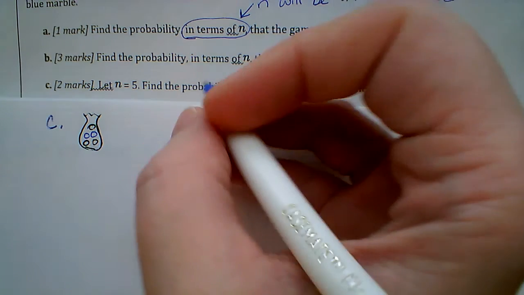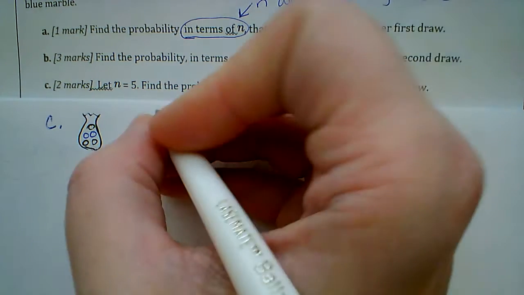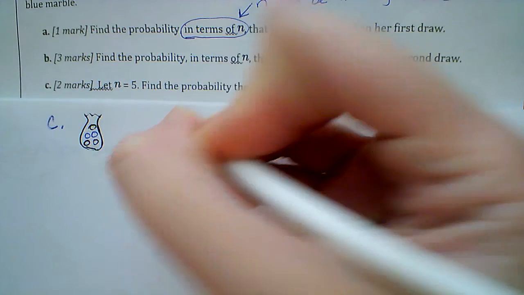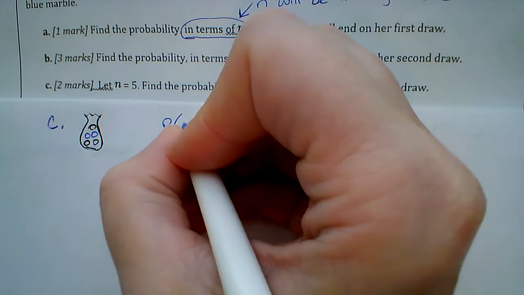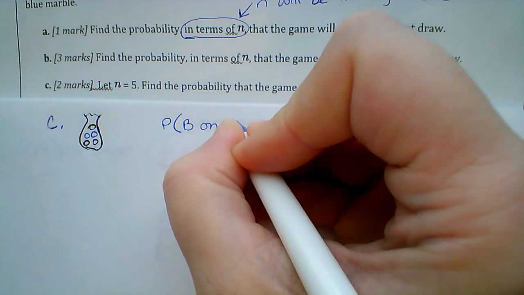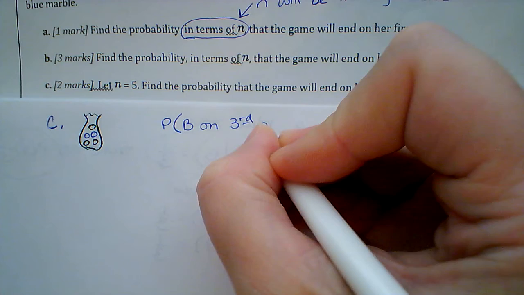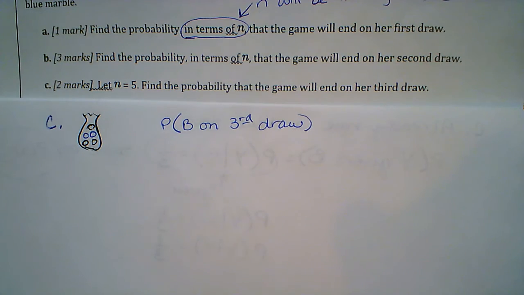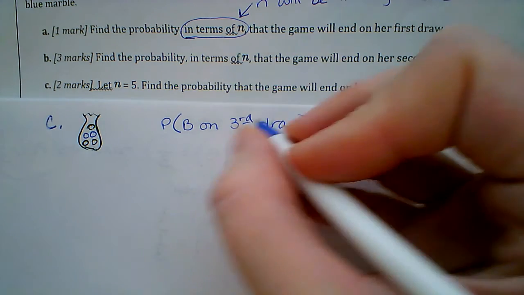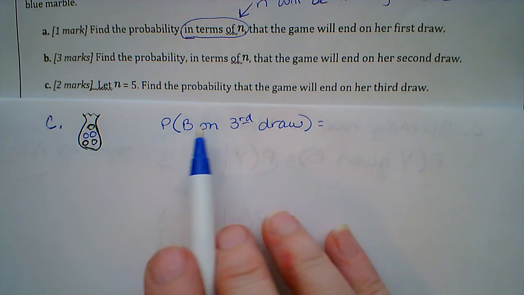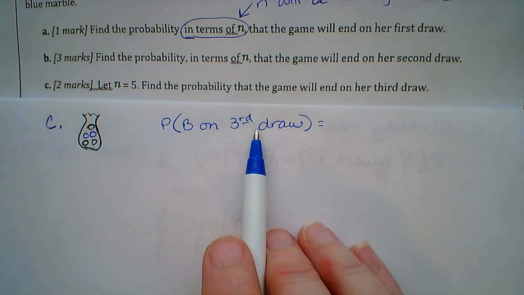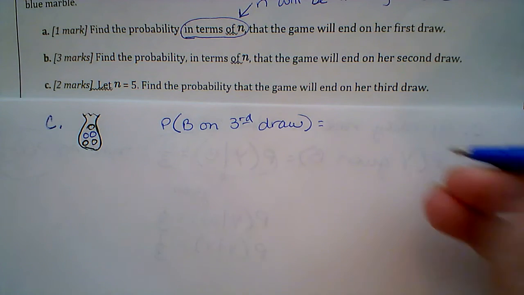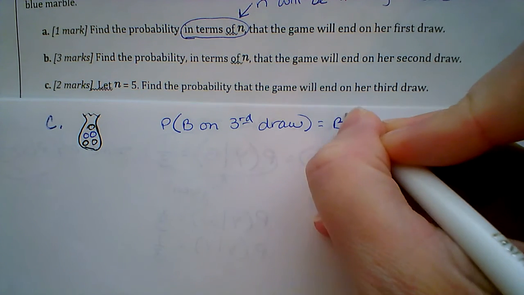You can think of this, if you're good with probability, if I want to know the probability of blue on the 3rd draw, what does that mean has to happen? Well, what has to happen on the 1st draw? What color does she have to draw? She can't draw blue, otherwise the game's over, which means she has to draw not blue.